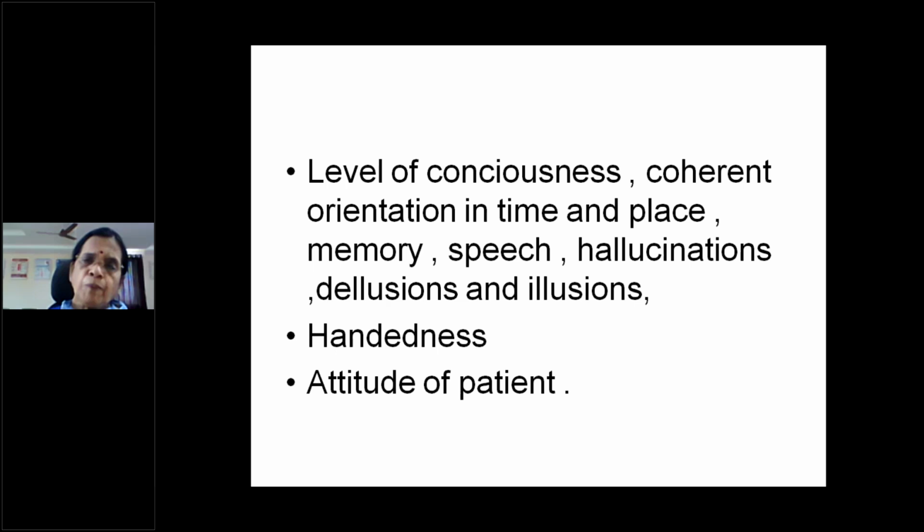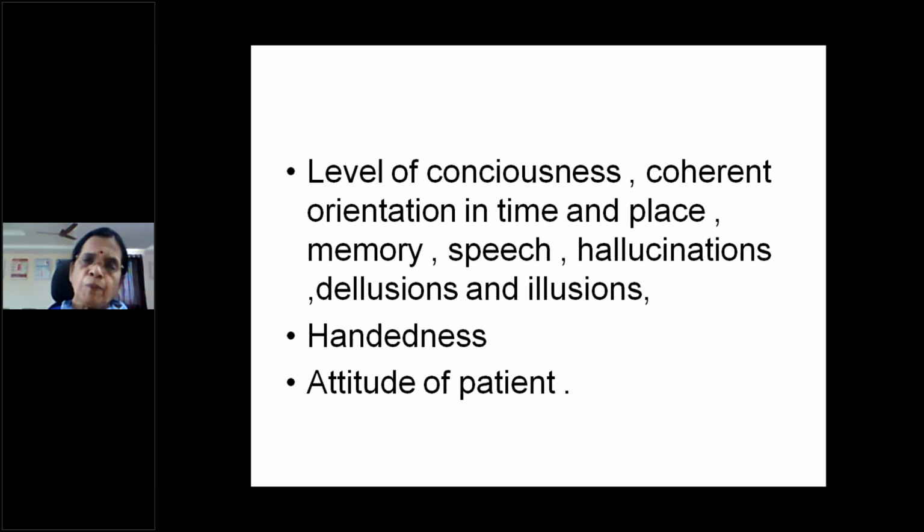So whenever a patient comes with fever with altered sensorium, the first thing we have to think of is encephalitis. Meningitis also sometimes, but usually irritability can be there in meningitis, photophobia, headache and so on. Whereas if the patient has lost orientation in time and place, you have to think of diffuse brain involvement.